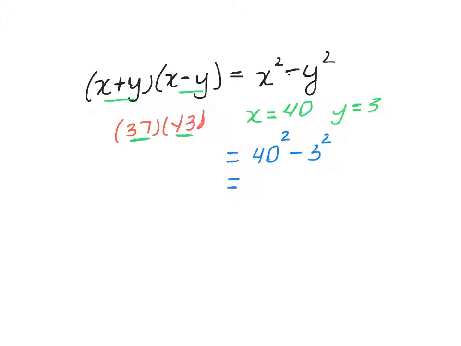All right, 40 times 40: 4 times 4 is 16, I need to add 2 zeros, minus 3 squared, which is 9, which will equal 1591. And we have multiplied 37 times 43.